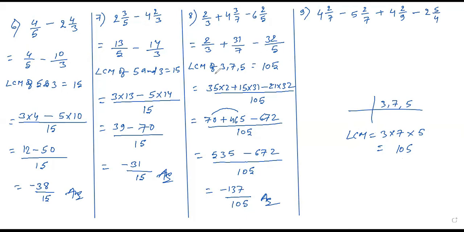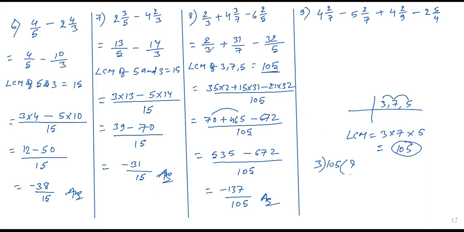Now next, the common denominator became 105. Since we got this denominator by multiplying 3, 7 and 5, we got 105. Here the basic technique: if we want to directly find the value of 105 divided by 3, 3 is the denominator and we have already taken the LCM of 3, 7, 5.